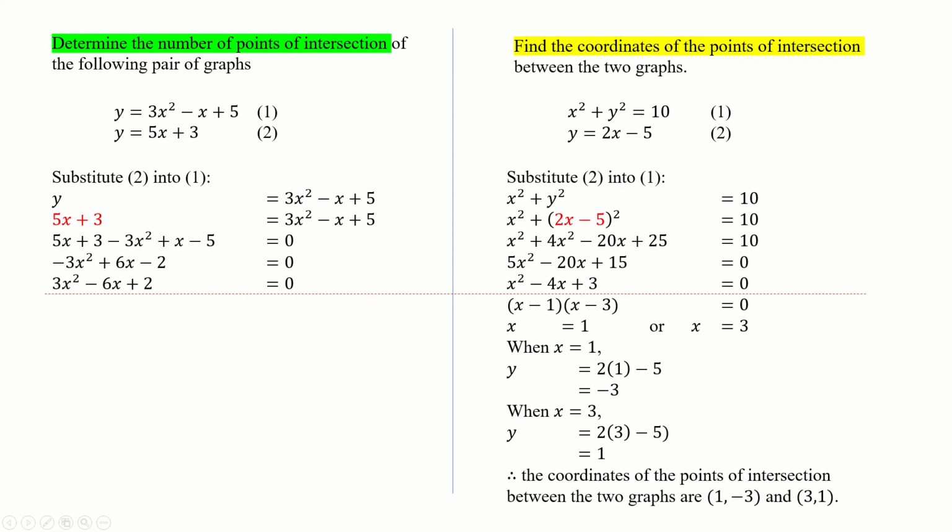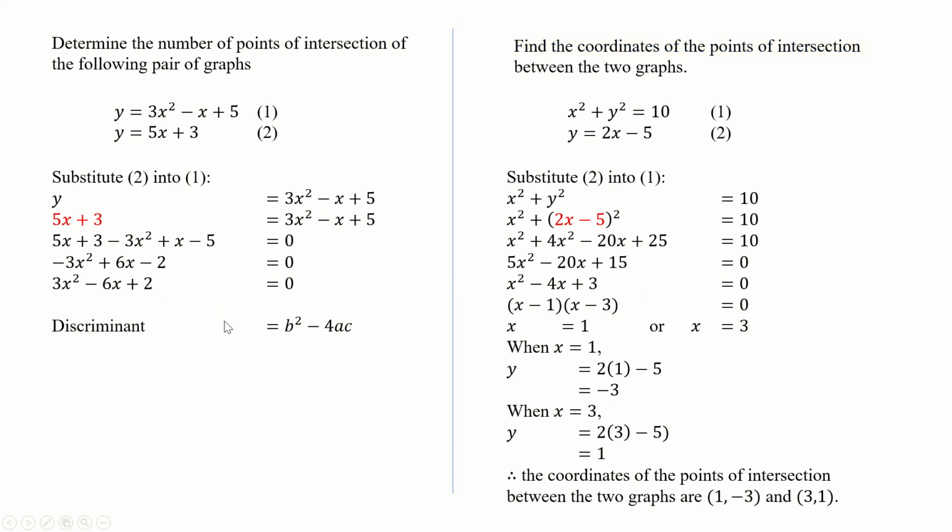To determine the number of solutions to this equation, we just have to calculate the value of the discriminant, b squared minus 4ac. This is enough for us to determine how many solutions there are to this equation. So we calculate b squared minus 4ac. Here, the discriminant is 12, which is greater than 0.